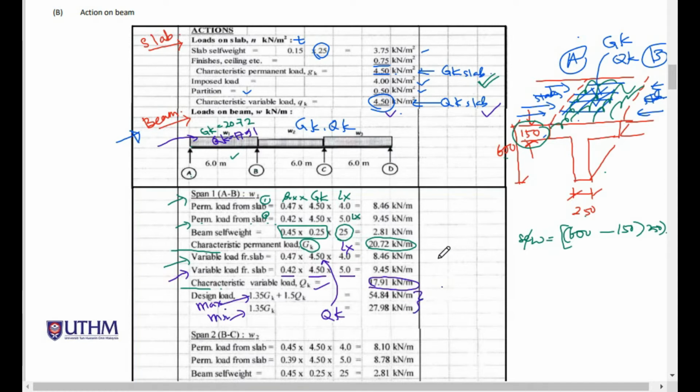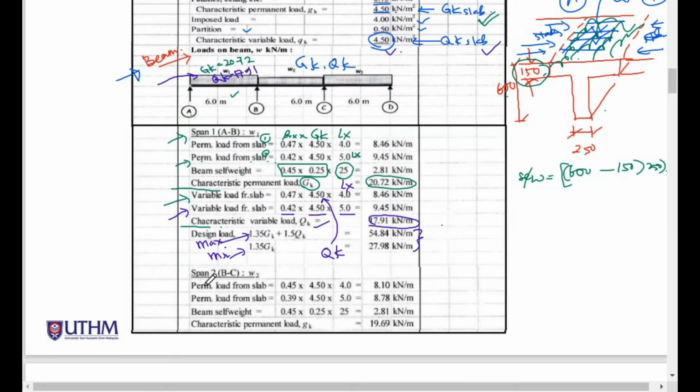Next is span BC. First is the transfer of loading from slab GK to beam. Here is the process: beta multiplied with n multiplied with Lx, and here is the GK.